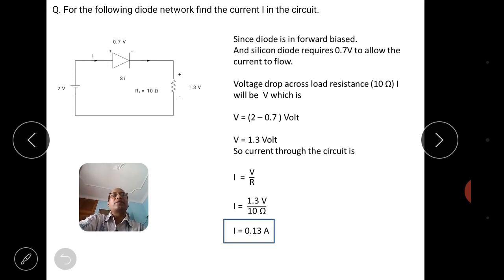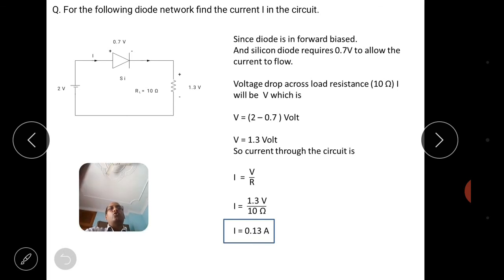From the diagram it is clear that the P type of the diode is connected to the positive terminal of the battery and the N type is connected to the negative terminal of the battery. It means the diode is in forward bias condition, so it will allow the current to pass through it. But a silicon diode requires 0.7 volt to conduct.